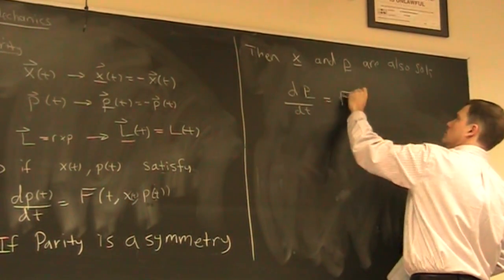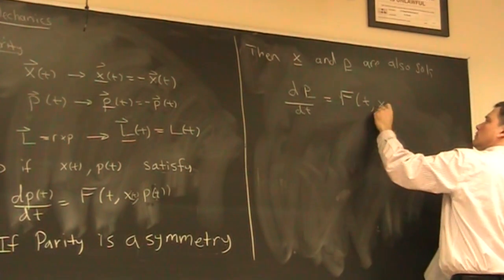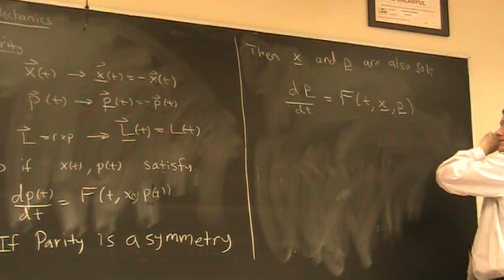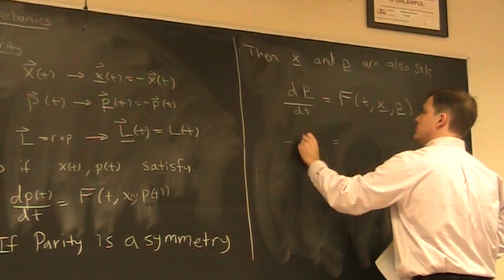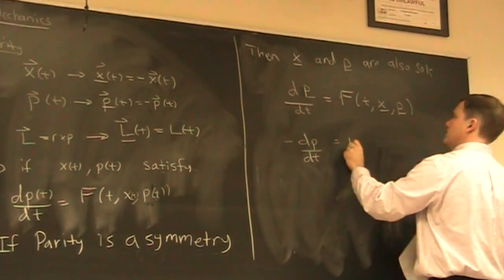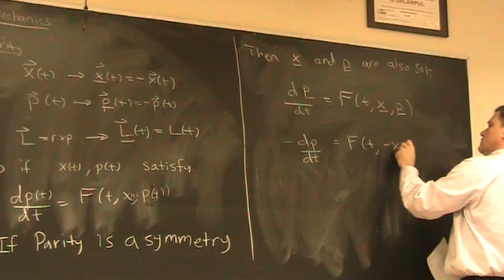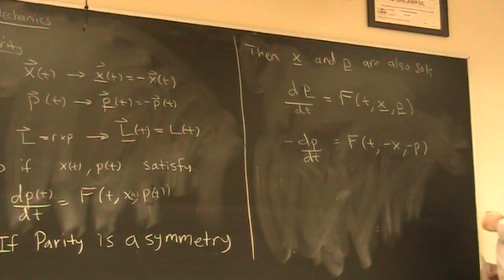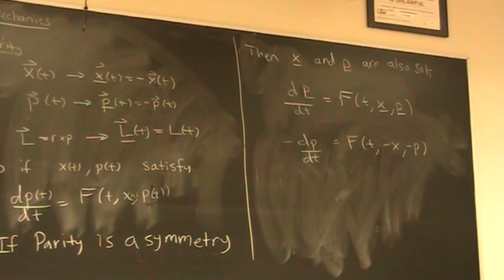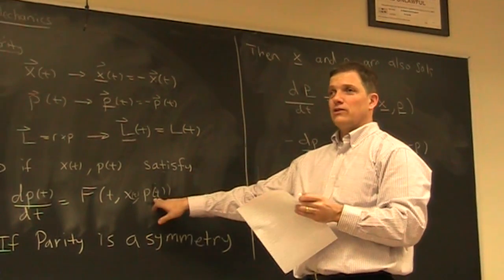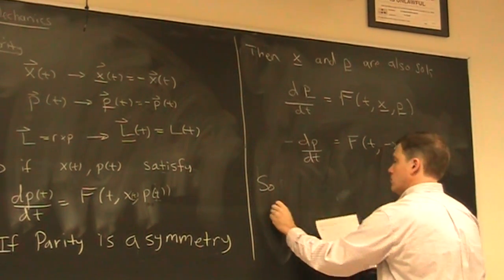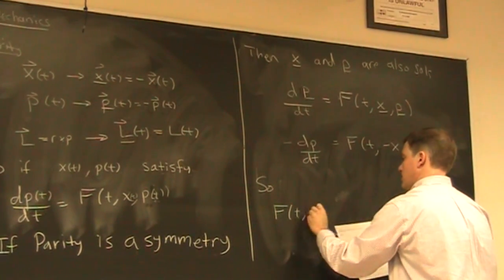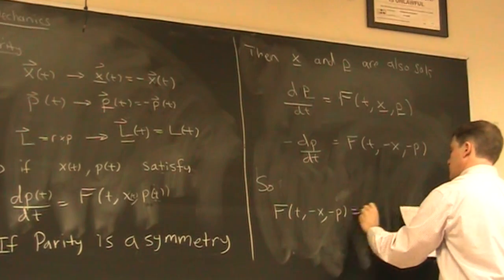Using what you have there for p bar, it says minus dp/dt. And since dp/dt satisfies this, you get some requirements on the force: the force at minus x and minus p is equal to minus f.